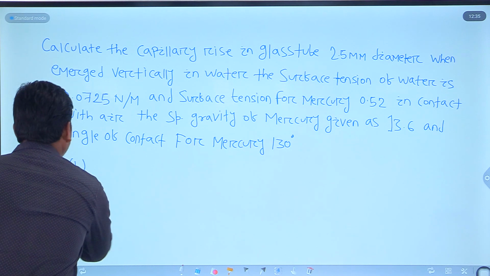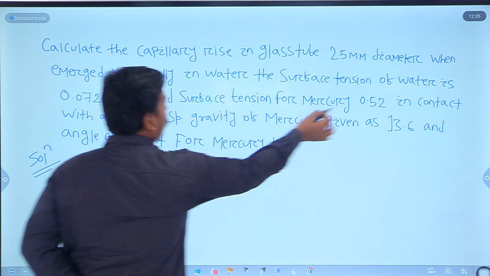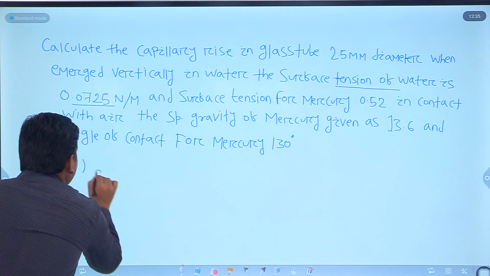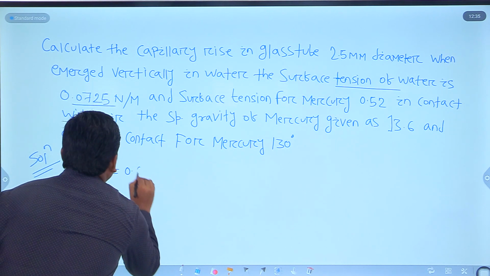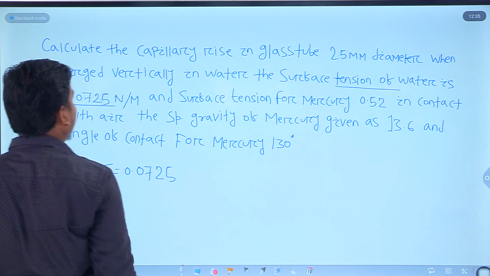First for water. Given surface tension of water is 0.0725, so sigma is equal to 0.0725, given data.